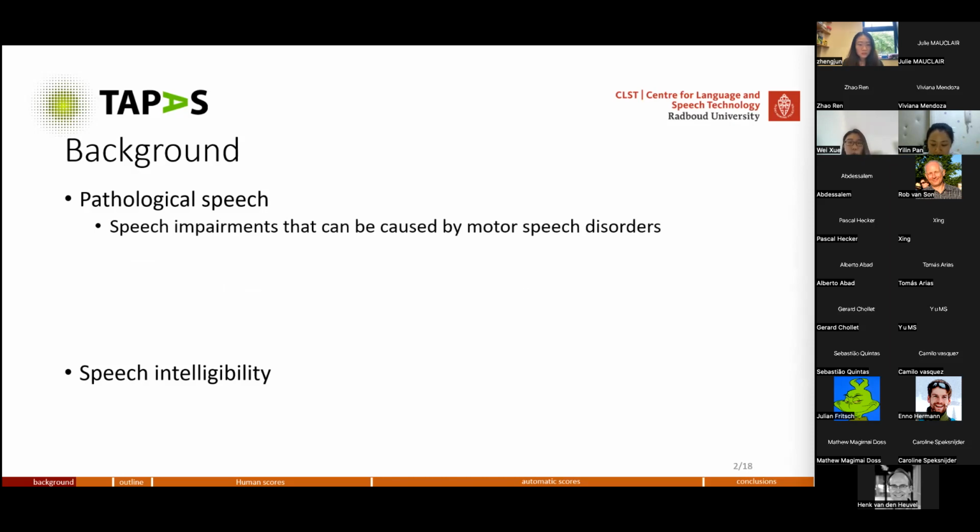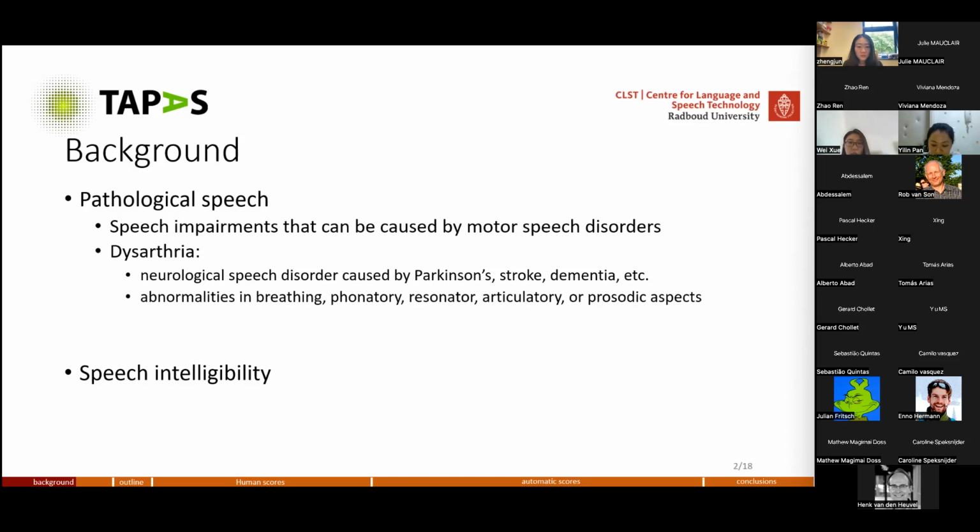In more detail, dysarthria is normally caused by neurological disease such as Parkinson's, stroke, dementia, etc. Furthermore, dysarthria can result in abnormalities in breathing, in phonatory, resonator, articulatory, or prosodic aspects. So these aspects are relevant for producing speech, and therefore the abnormalities in them can result in impaired speech.